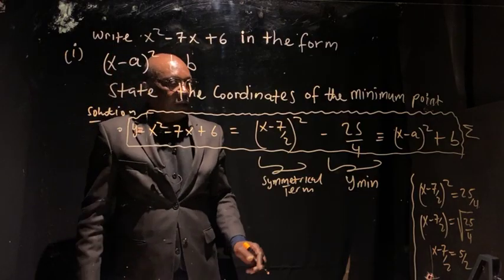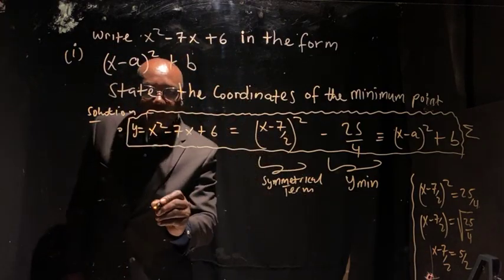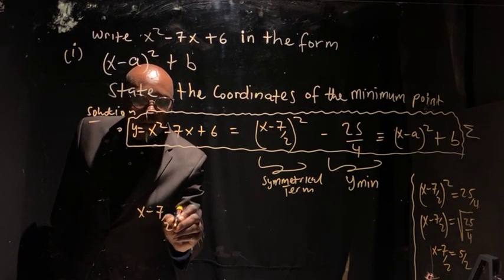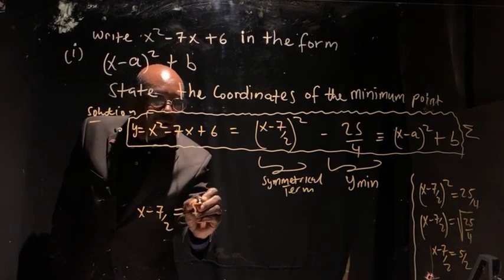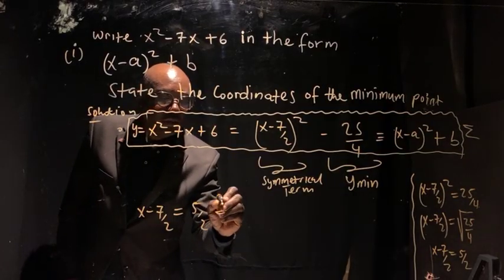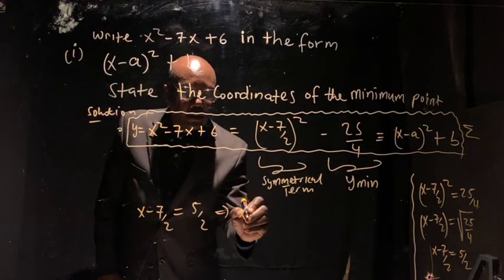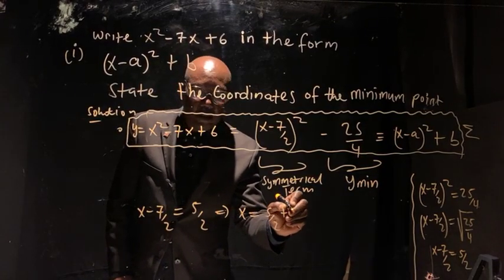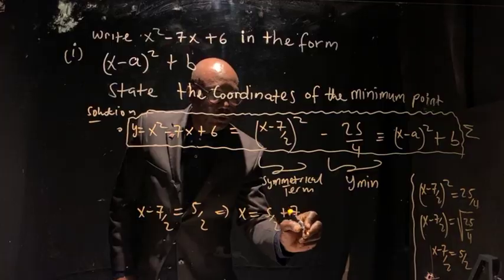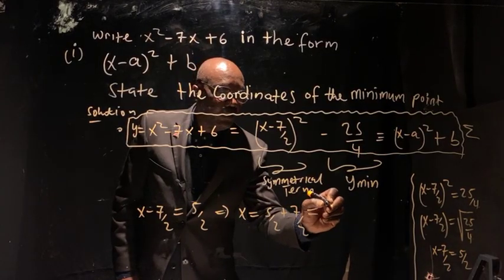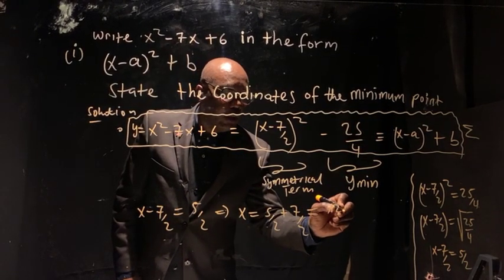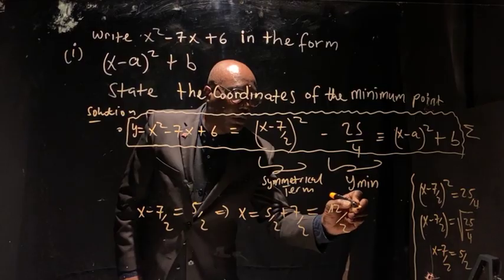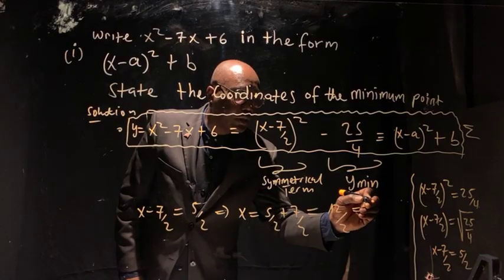Now, continuing from there, we find that x minus 7 over 2 equals 5 over 2, which implies x equals 5 over 2 plus 7 over 2, which is 12 over 2, equal to 6.